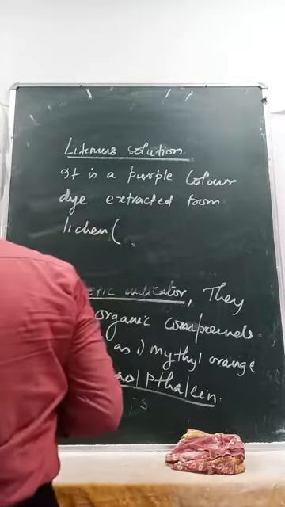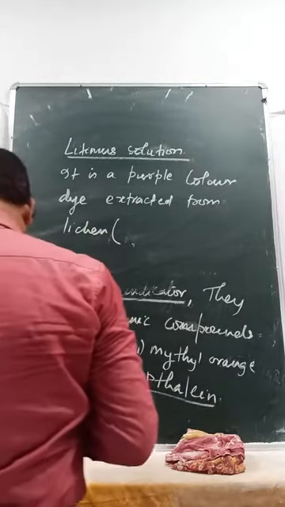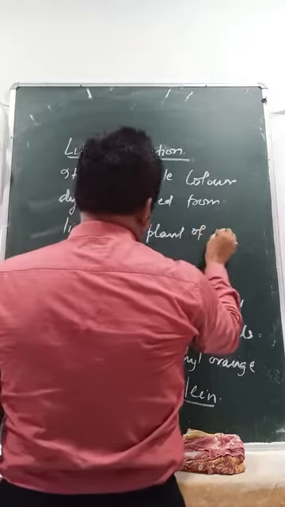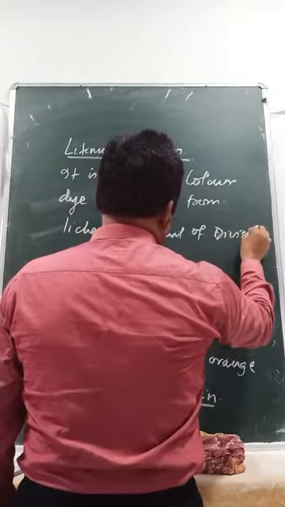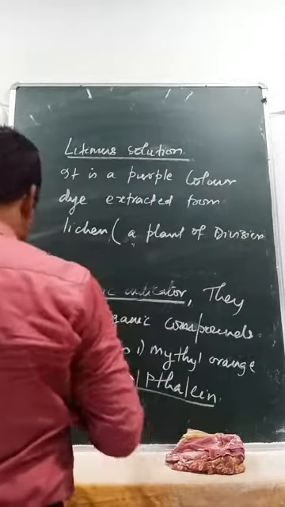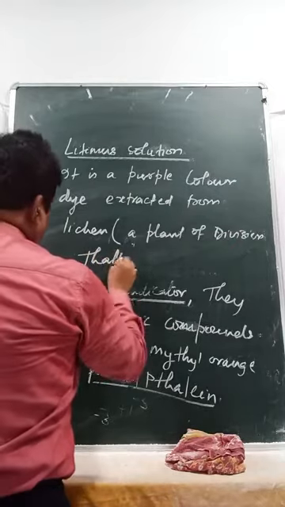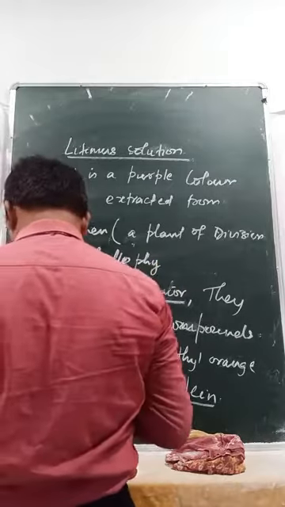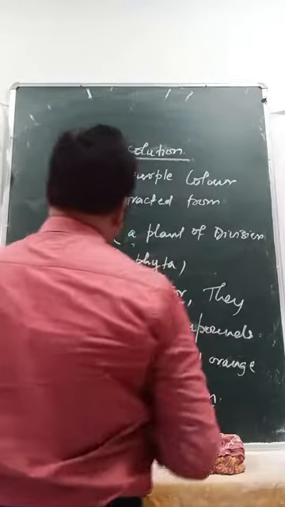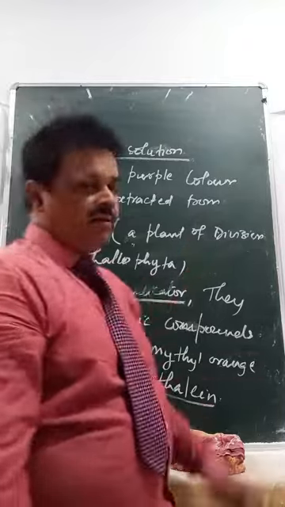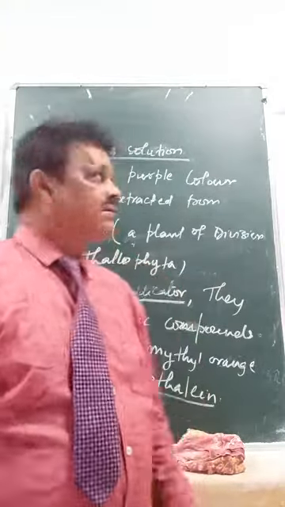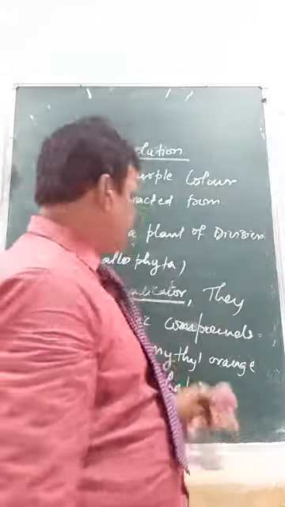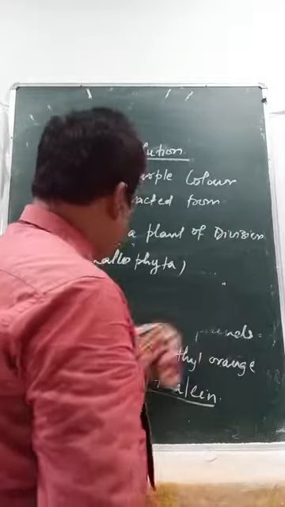What is lichen? Lichen is a plant of division Thallophyta. This is a dye. You can see the color dye there. That color is purple, which is obtained from a plant. Okay, so that is called a litmus solution.